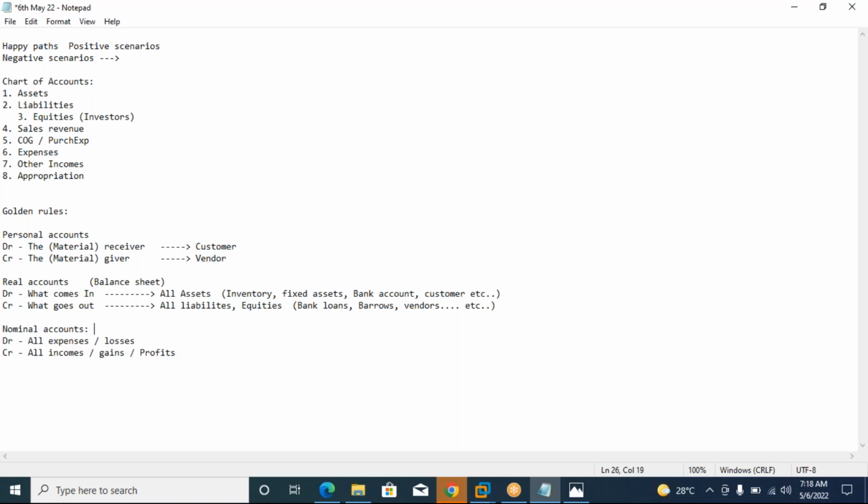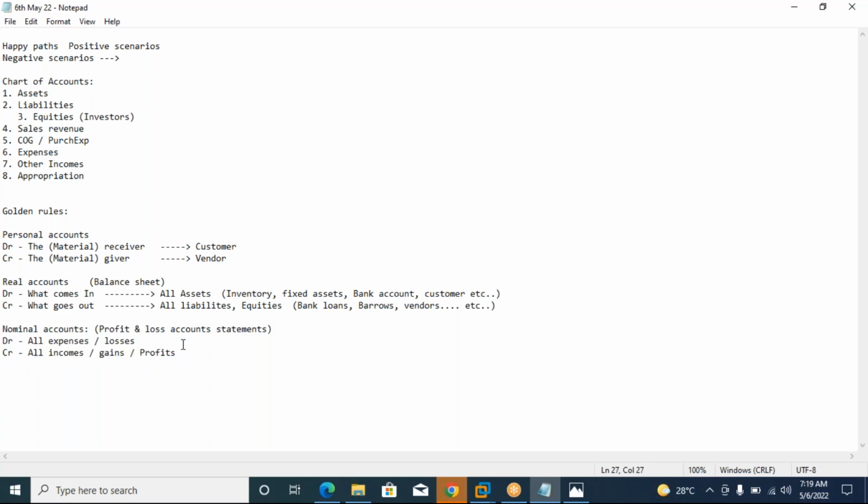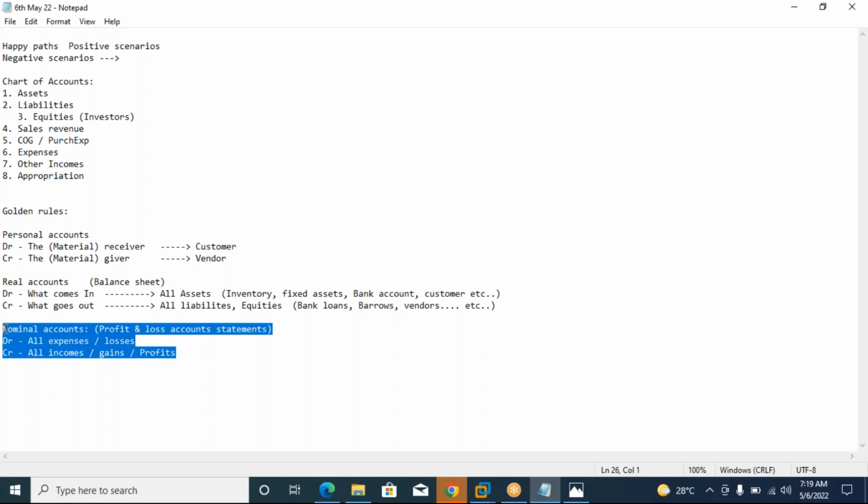This is the profit and loss account statement. If you understand this one, it is enough. This is the only confusion, because here many people will think credit means expenses.